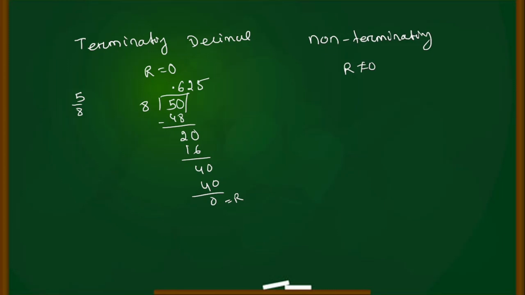Okay. So what is a non-terminating decimal? Now suppose the question is 2 by 7 or 1 by 3. Okay. So how to solve 2 by 7?